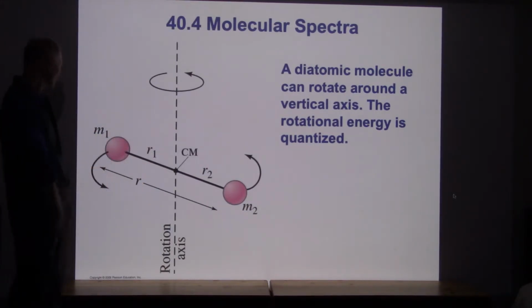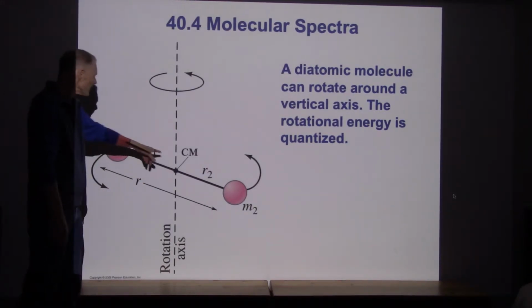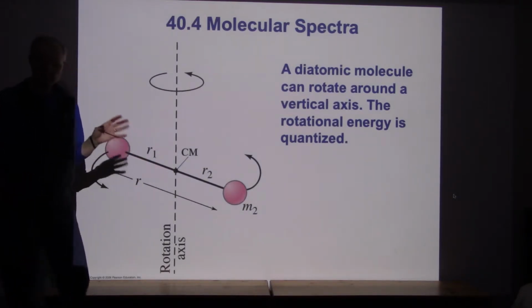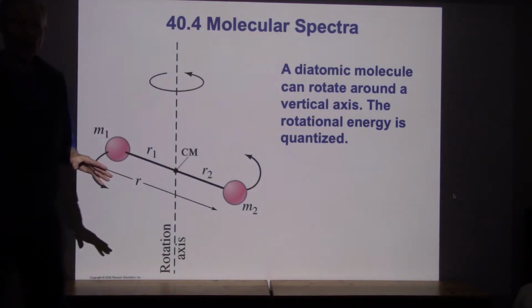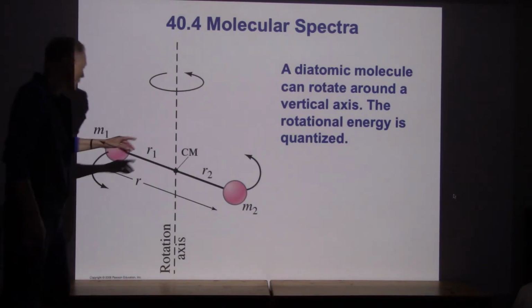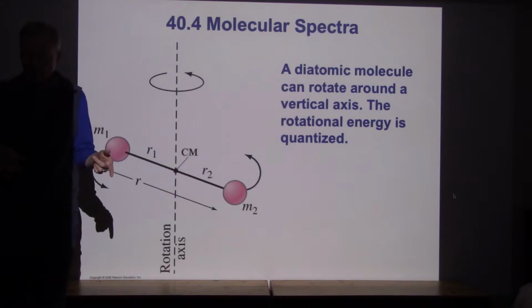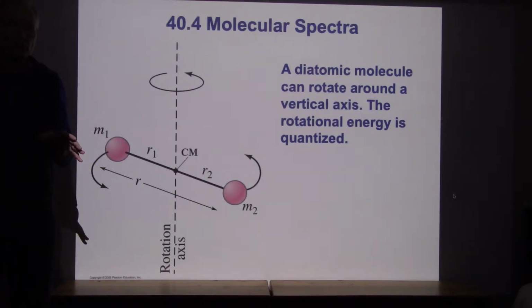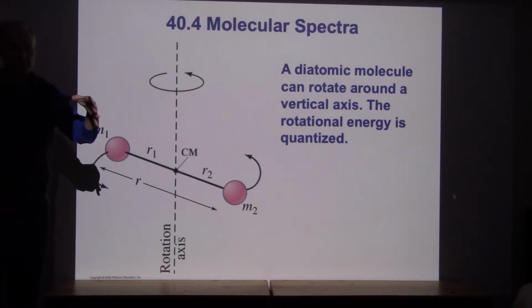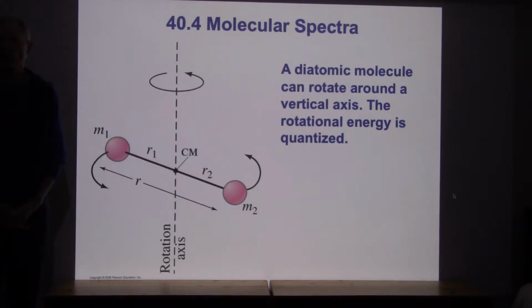We know they're there. And what they've done here is say, okay, let's imagine a rotational axis. Now, for the rotational energy, we're going to move into the center of mass reference frame for the molecule. We're going to treat it as if the molecule is just sitting there, rotating, and then quantum mechanically we're going to ask what the quantum states for that rotation are going to look like. How much energy will there be?